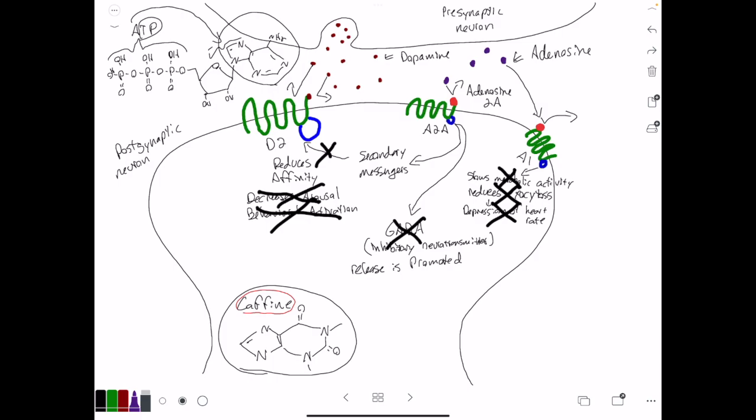It's taking phosphate groups off of ATP and ADP and AMP to go about its business. And that results in a buildup of adenosine that continues to be blocked by caffeine. But eventually, you metabolize all that caffeine. It leaves your system. It's no longer around. And all of a sudden, you've got a huge flood of adenosine that just nonstop interacts with its receptors.